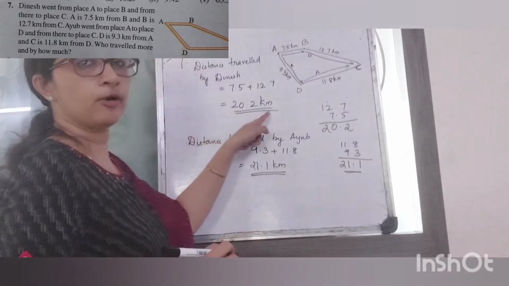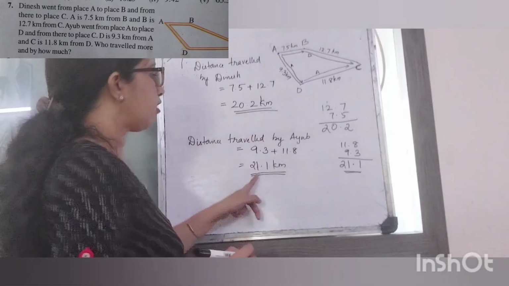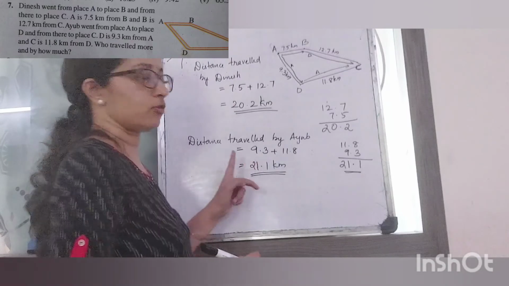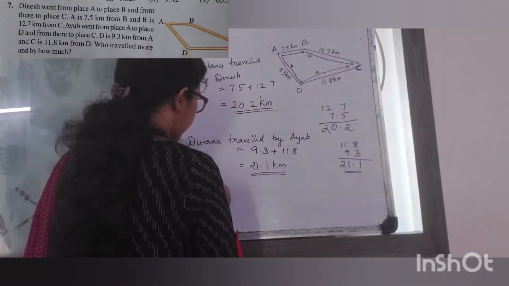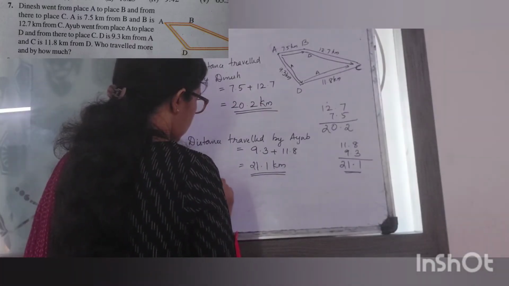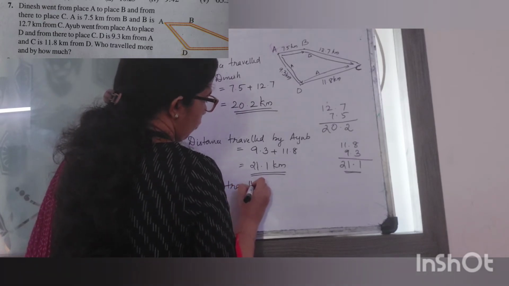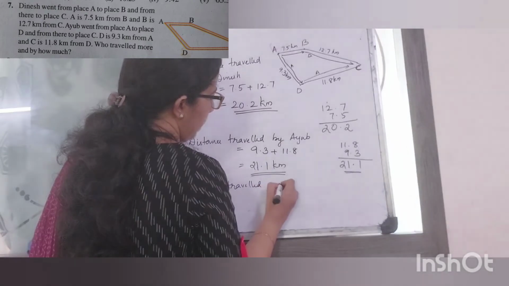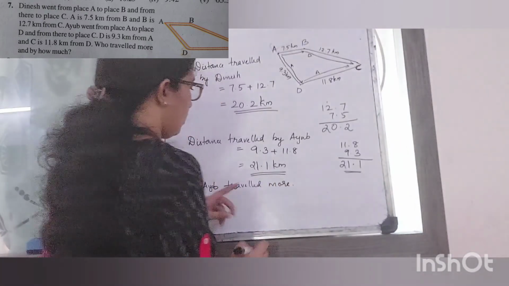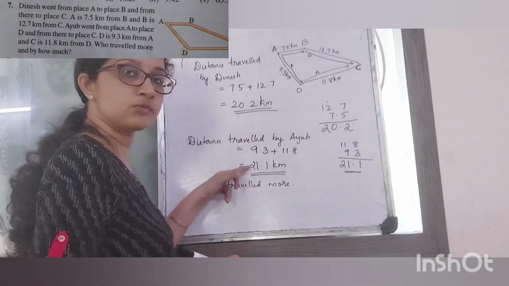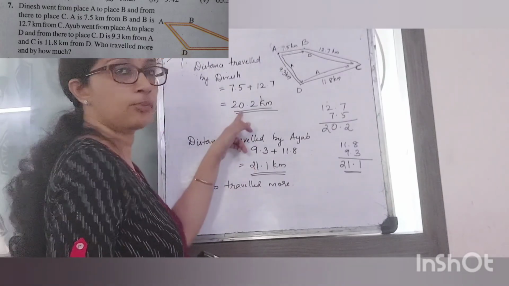Now who traveled more? Dinesh traveled 20.2 kilometers. Ayub traveled 21.1 kilometers. So Ayub traveled more. By how much? To know by how much, we have to find the difference between 21.1 and 20.2.